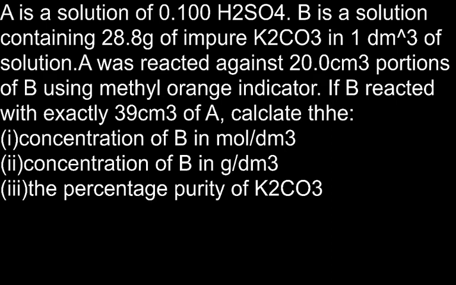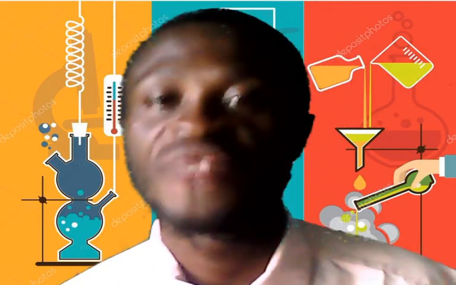The concentration of B in mole per dm cube that you are going to get is for the pure substance, because impurity does not take part in the calculation. So it is very important to take note of that.